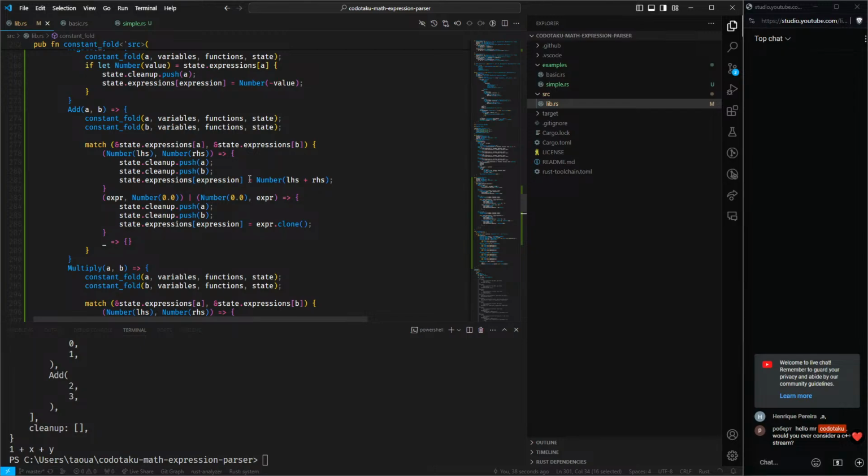XPR number 0 or number 0 XPR. Don't get why it doesn't work. It should work. XPR clone. Something fishy going on here.